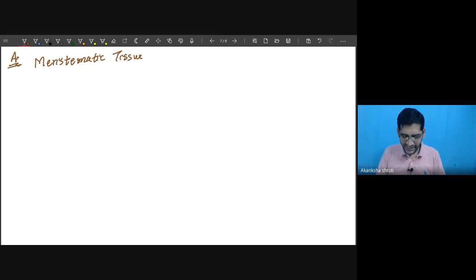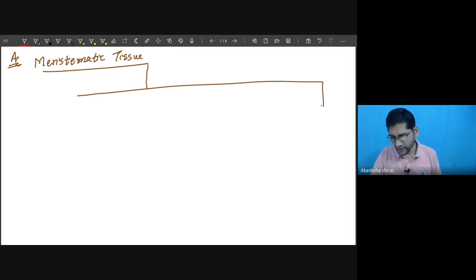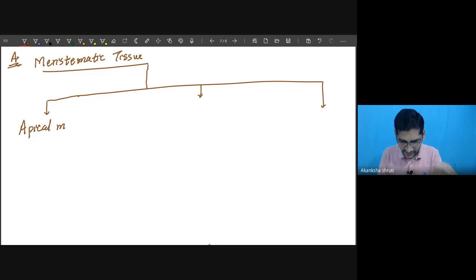So this meristematic tissue may be of three types. I am going to write all the three types here and explain in this table itself. This may be your apical meristematic tissue, or apical meristem.